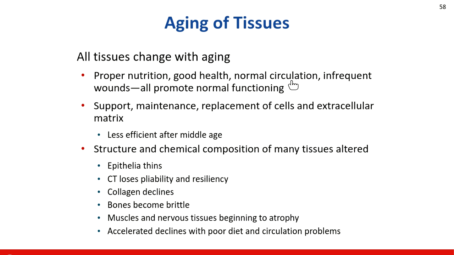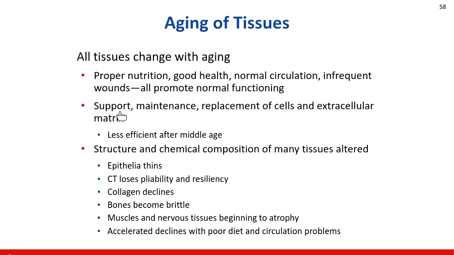Infrequent wounds, meaning you don't injure yourself quite a bit. So essentially what we're doing is trying to promote the normal functioning of these tissues. And as long as we're doing that, we're going to see a pretty healthy result with the tissue as we age.